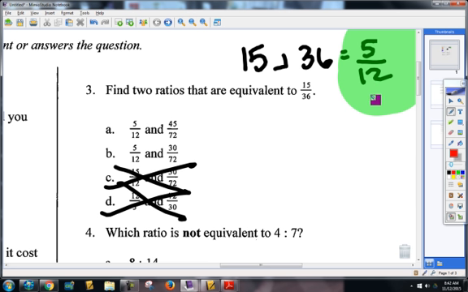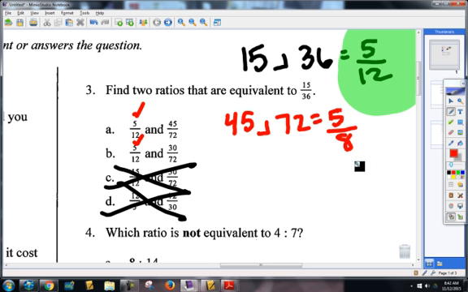Okay? So now we're down to these two. All you have to do is see if they simplify to 5 to 12. I know that they both have that one, so it's all about these two. So I'm going to look here and say, okay, 45 ABC 72. What is that going to give me? That simplifies to 5 to 8. Is that the same as that?